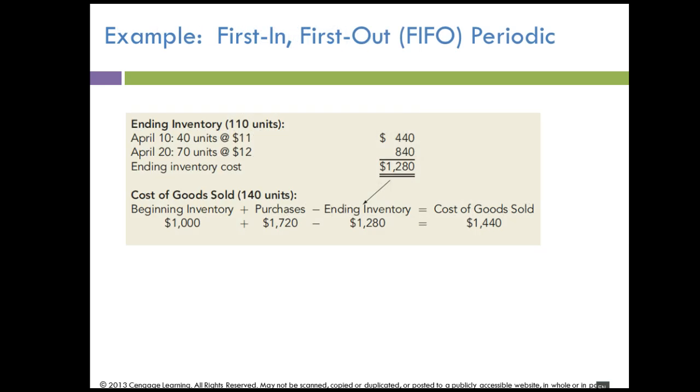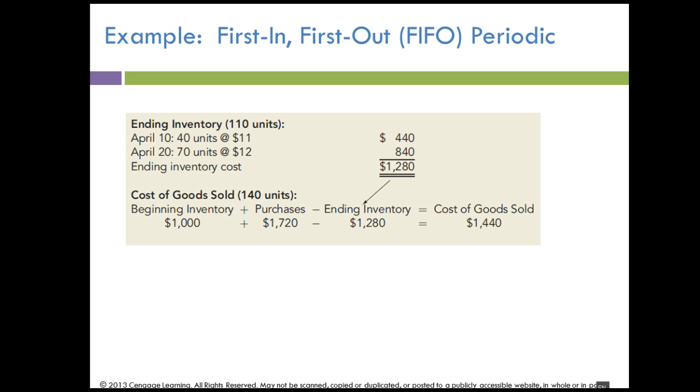So as you see here, on April 10th, we had 40 units at $11. April 20th, we had 70 units at $12. We would show those 110 units as our ending inventory.